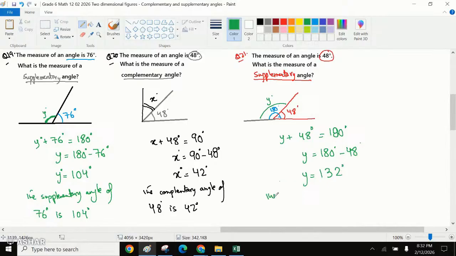So we can say the supplementary angle of 48 is 132. Perfect. Thank you.